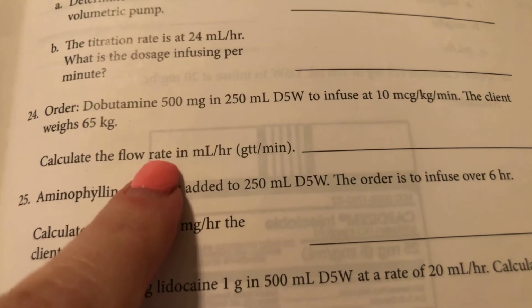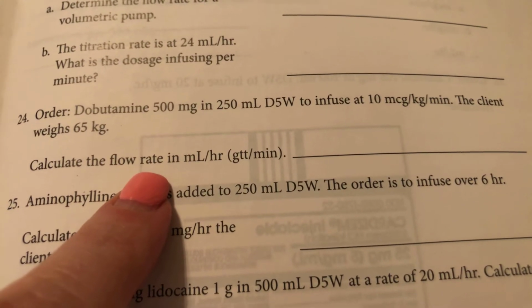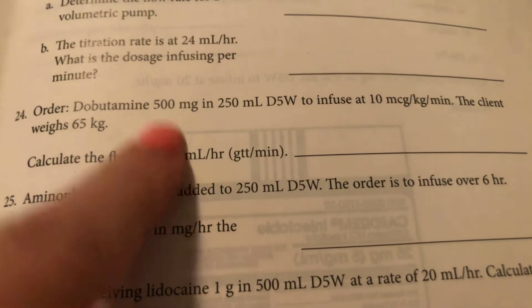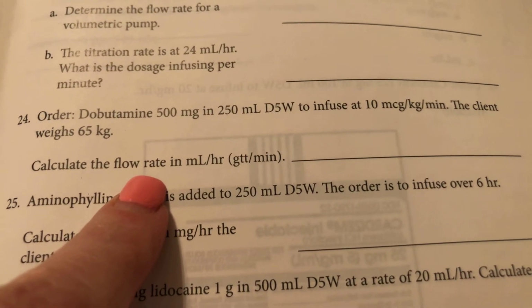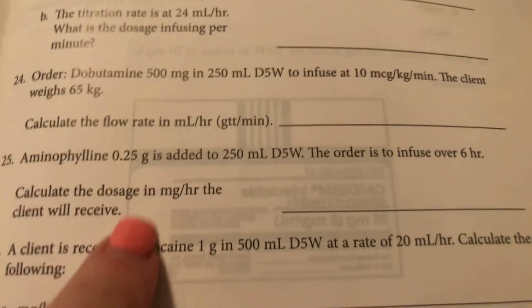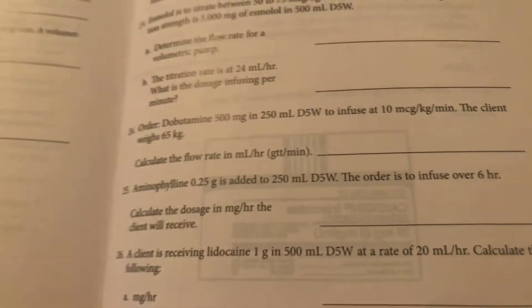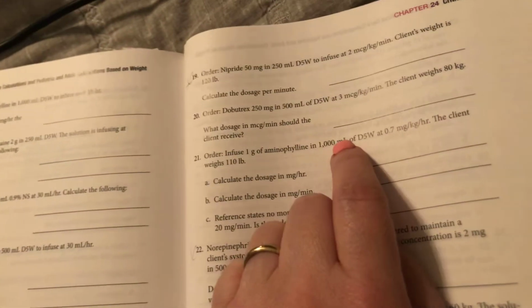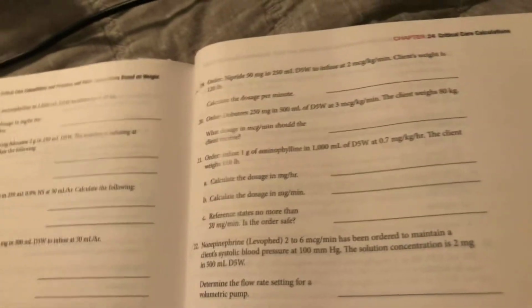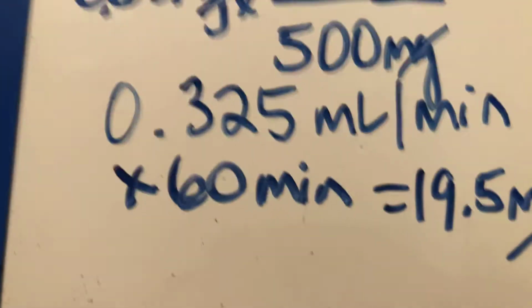And for this particular problem, we can't do drops per minute because it doesn't tell us what our drop factor is. So we can look at another problem to work backwards. Or let's just work this problem backwards.